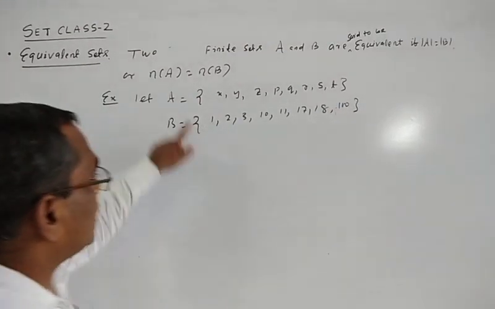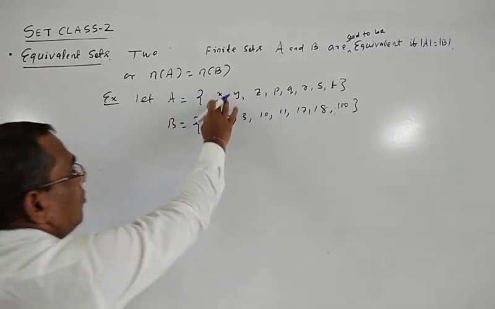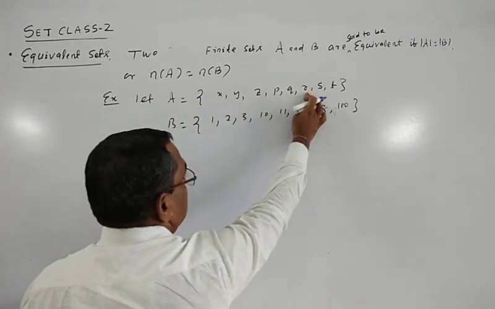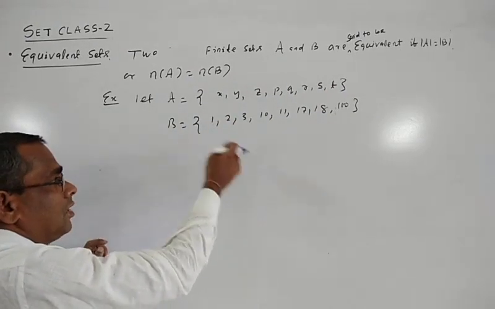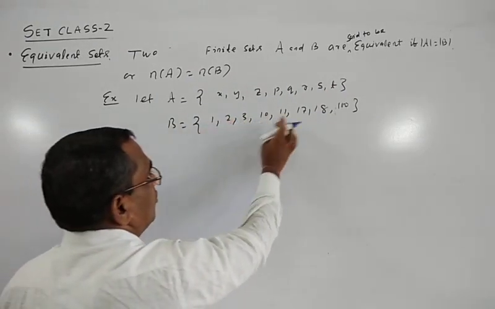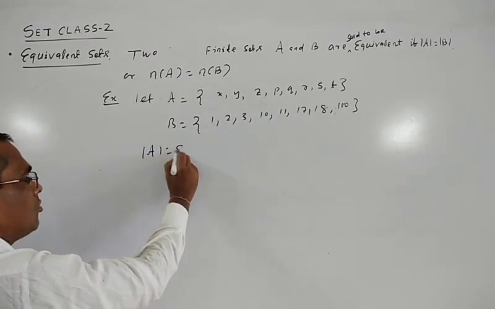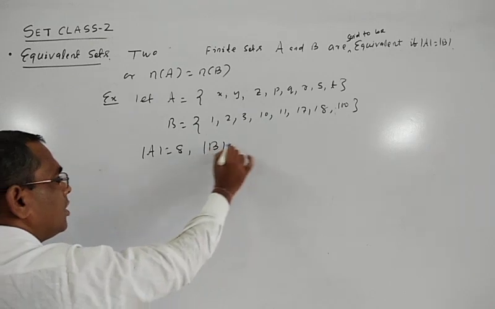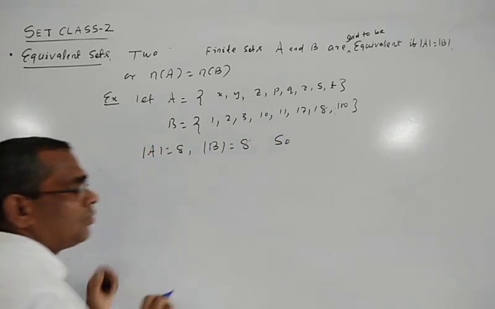Here in set A, how many elements are there? 1, 2, 3, 4, 5, 6, 7, 8. The second set has how many elements? 1, 2, 3, 4, 5, 6, 7, 8. Here mod A is equal to 8 and mod B is equal to 8. So A is equivalent to B.